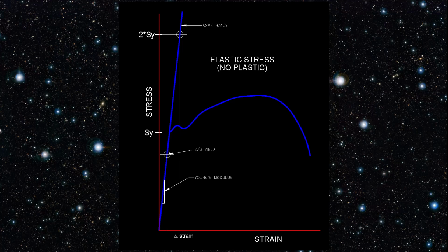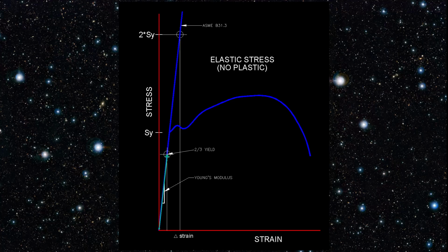Now let's look at the relationship between stress and strain for a material undergoing sustained stress, which must be under the allowable or 2/3 yield. So as we progress with increasing strain, we see that the stress follows the Young's modulus stress line.